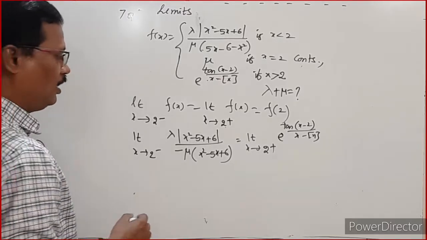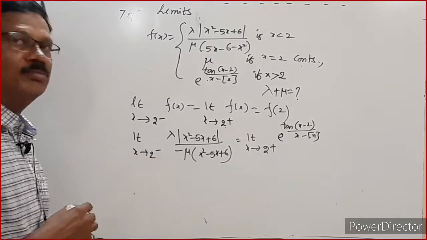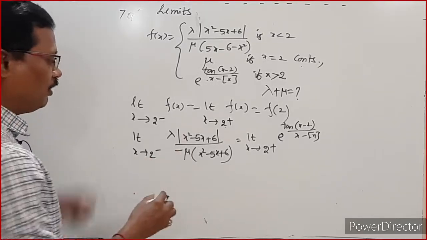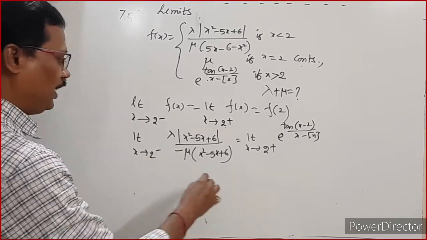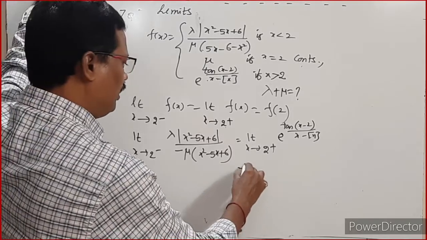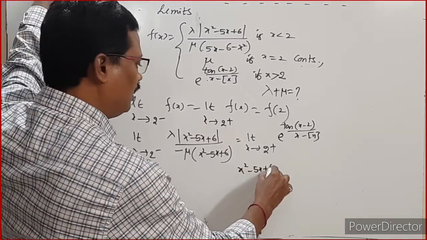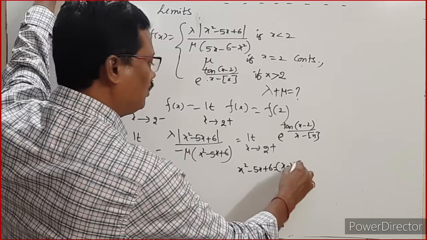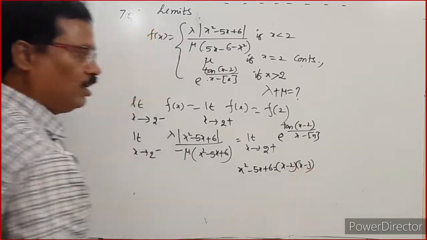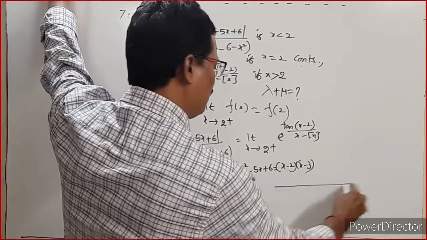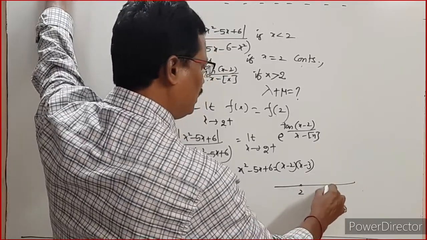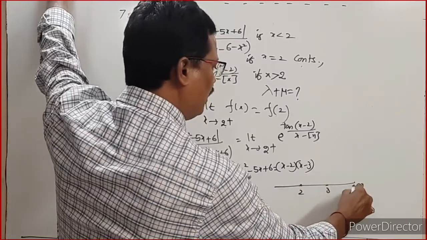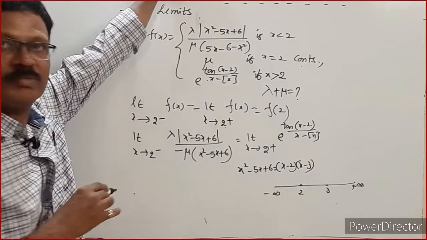Now see that. What about the x tending to 2 minus? Now what about this one? If we see this one, x square minus 5x plus 6, this is x minus 2 into x minus 3. If we take the real line, here 2 is there, this is 3, plus infinity and this minus infinity.